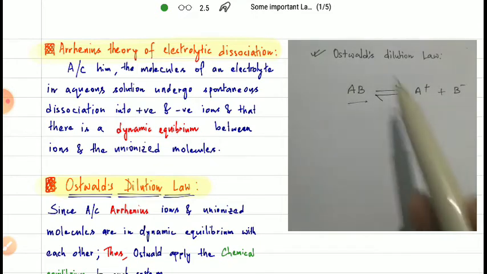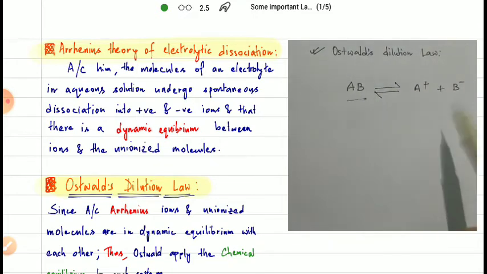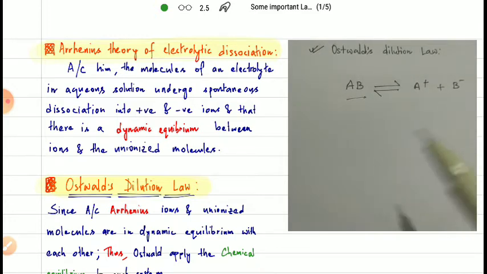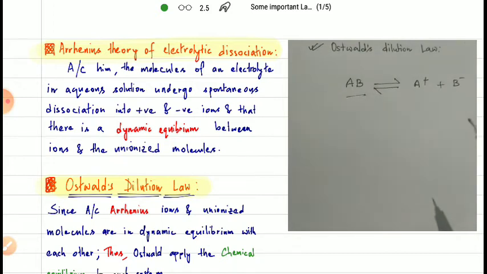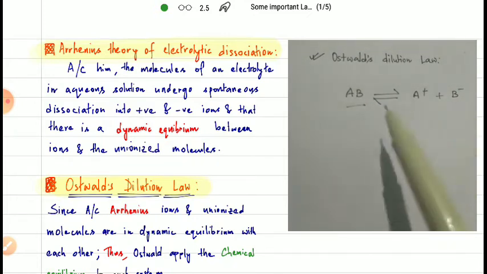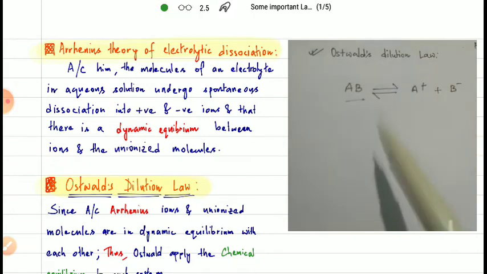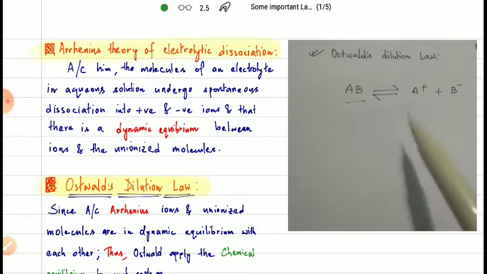But here this reaction is an ionic reaction, and previously we had the idea about chemical equilibrium. In chemical equilibrium, we studied chemical reactions which are reversible, that means reversible chemical reactions. We study chemical equilibrium in those reactions. But here some ions are involved, so this chapter is related to ionic equilibrium.